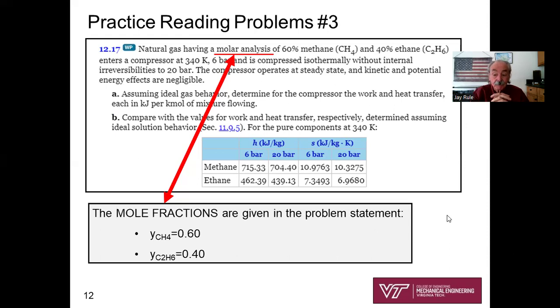That says, of course, that the mole fractions are given in the problem statement: CH4 mole fraction 60% or 0.6, and ethane, C2H6, 40% is the mole fraction. The key here is to carefully read the words of the problem, and pretty quickly for these chapter 12 mixture problems, you're going to understand what's given. Is the mass fraction given, or is the mole fraction given?